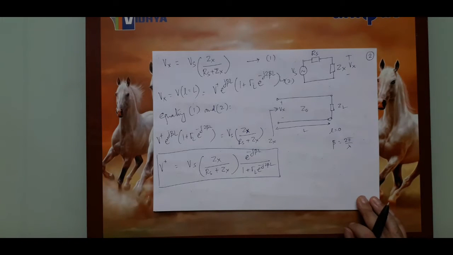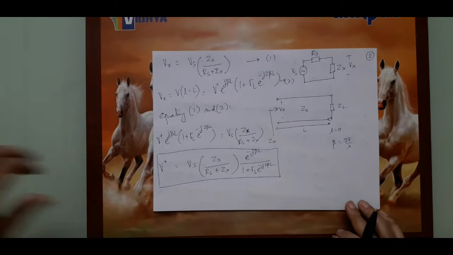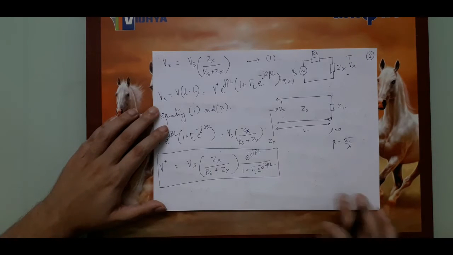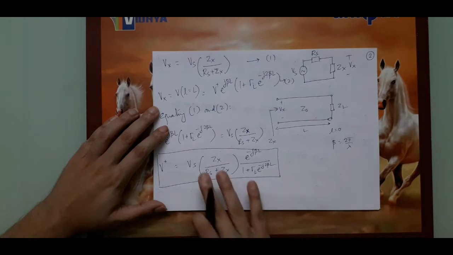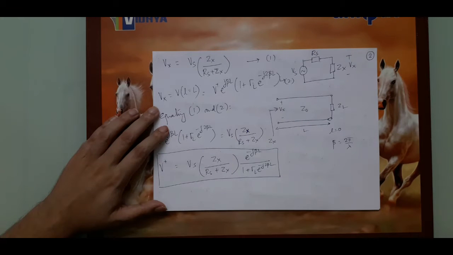So in practice, you can measure these quantities using the slotted line structure, which we have discussed very briefly. Vs you can very easily know by the source, and in this case, if you know the line properties, you don't even have to use the slotted line.